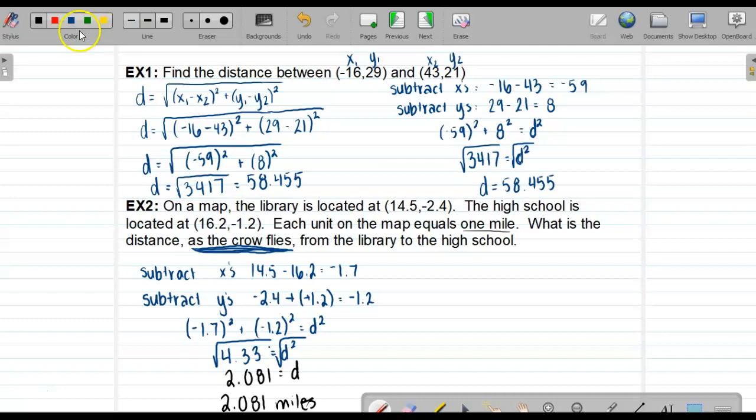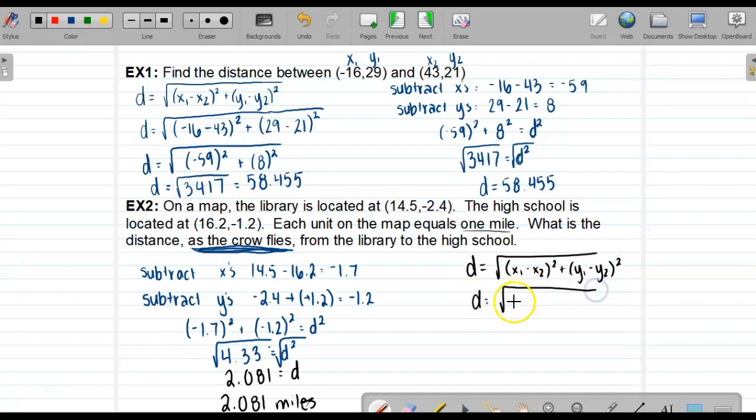Okay? If you don't like that, do the distance formula. Distance equals the square root of x1 minus x2 squared plus y1 minus y2 squared.